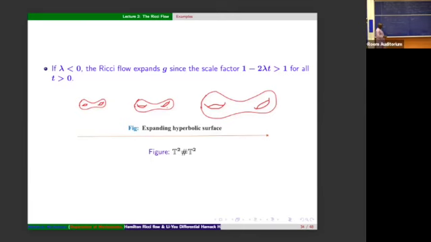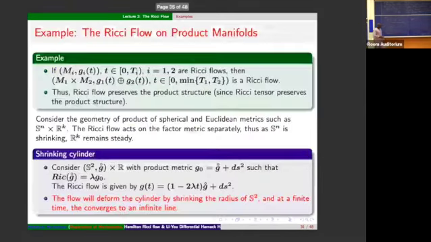So this is a basic example. Another example is that you can have Ricci flow on a product manifold. If you have a product of M_i, where i is from 1 to 2, then the Ricci flow preserves the product structure.